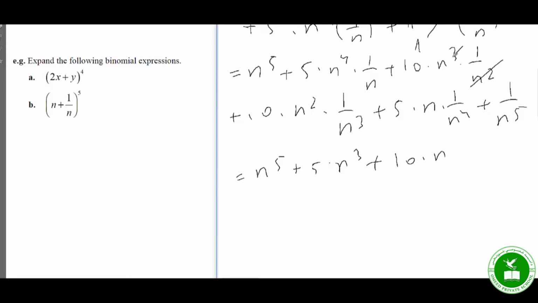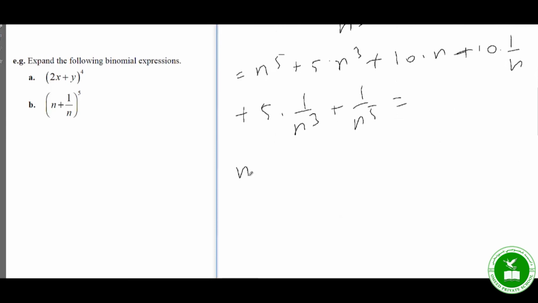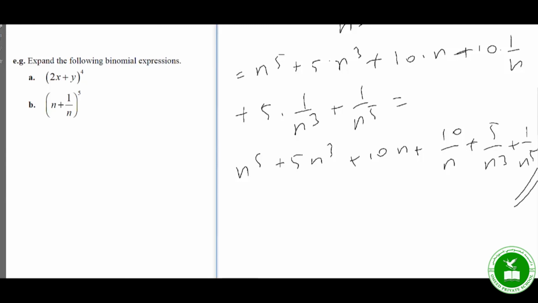So 10 times n, plus again n squared and n cubed, plus 10 times 1 over n, plus 5 times n times 1 over n to the power of 4 is 5 times 1 over n cubed, plus 1 over n to the power of 5. Or let's write it a little simpler: n to the power of 5 plus 5n cubed plus 10n plus 10 over n plus 5 over n cubed plus 1 over n to the power of 5 is the result of this binomial expansion.